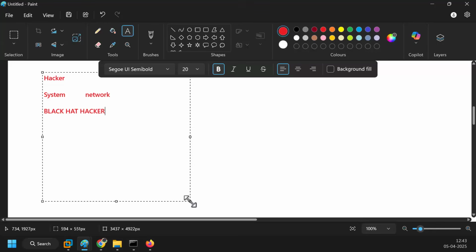It means they perform the hack for their own personal benefit, for financial reasons or some other reasons. We can understand them as hackers who have sound knowledge of your system and network, but they utilize their knowledge for destructive purposes. That is what we have as the black hat hacker.